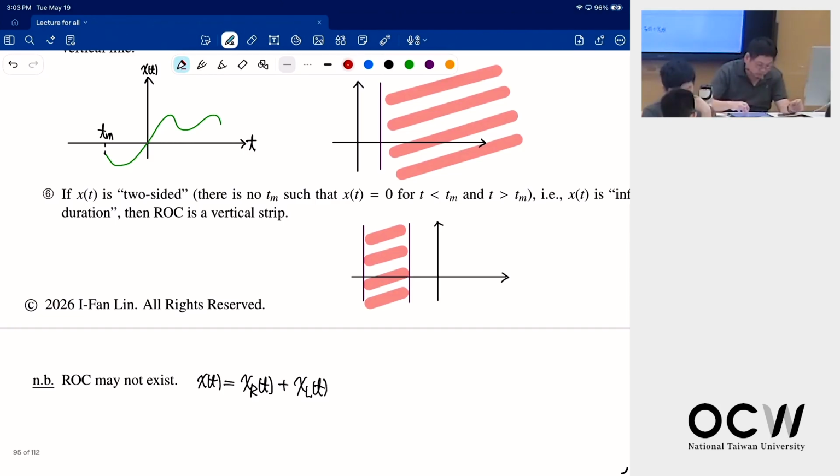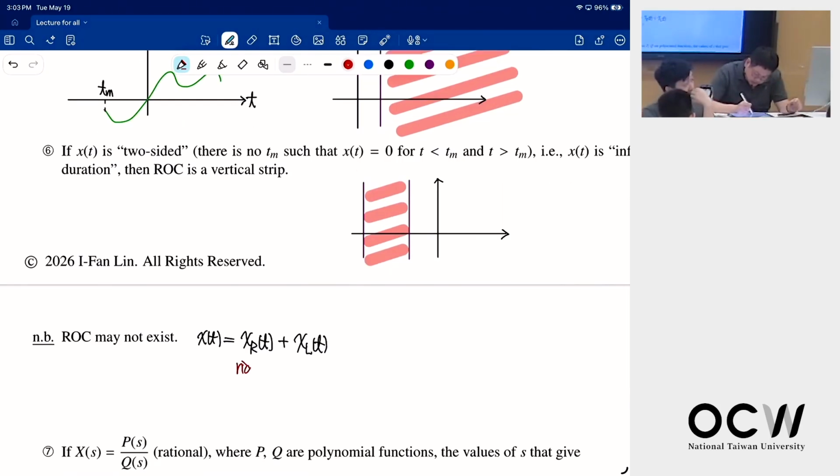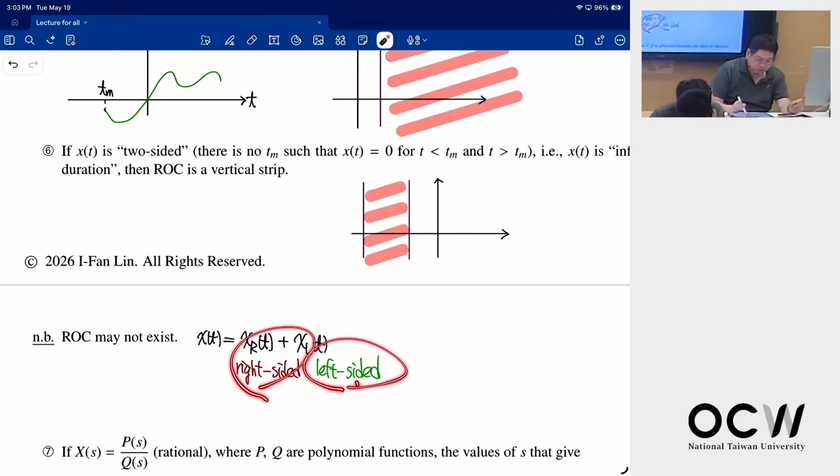So this is right-sided, and here is left-sided. I want to find the region of convergence, so I want to find the intersection of these two. Once there's no intersection, then we don't have a region of convergence.